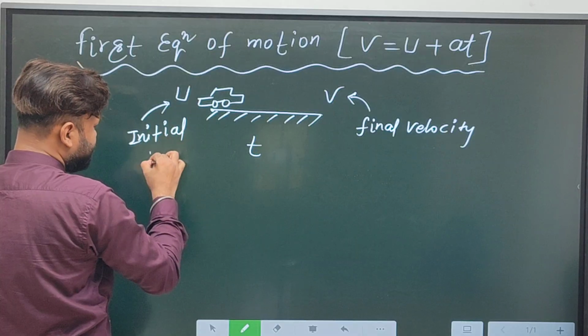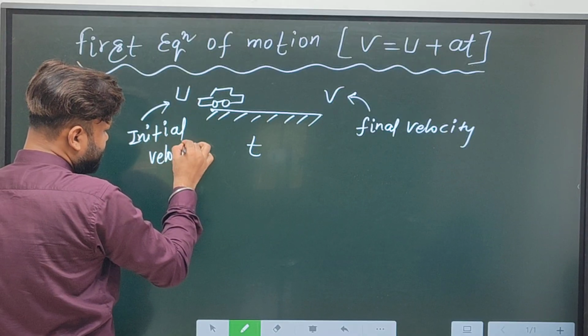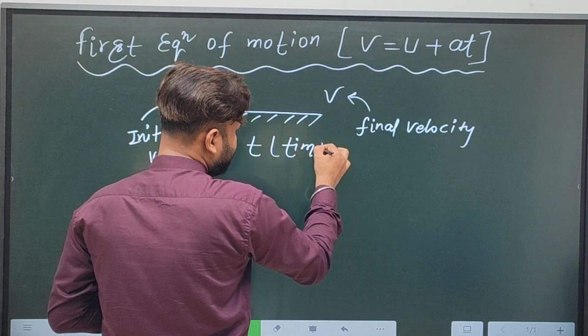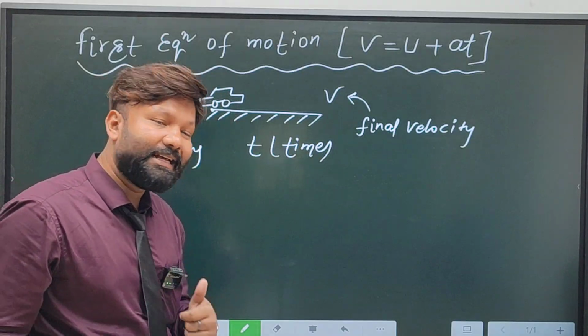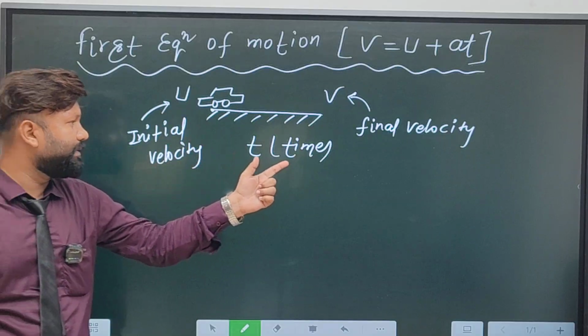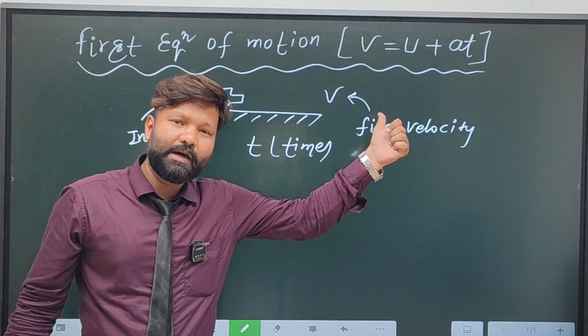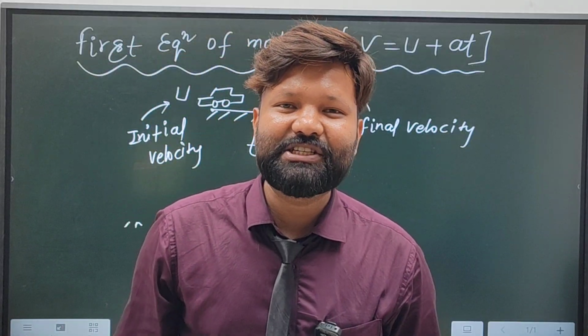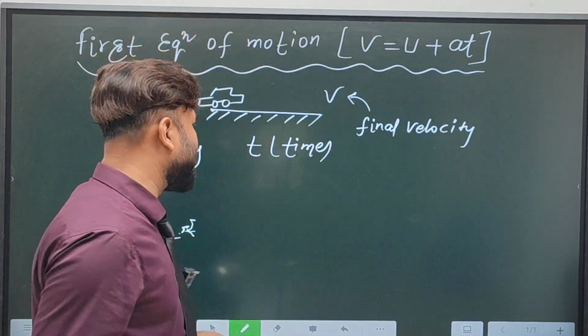Initial velocity, and this is the time. What I have said? I said that a car moving with initial velocity U, after time t, its final velocity becomes V. As we know from the previous class that acceleration is equal to change in velocity by time.